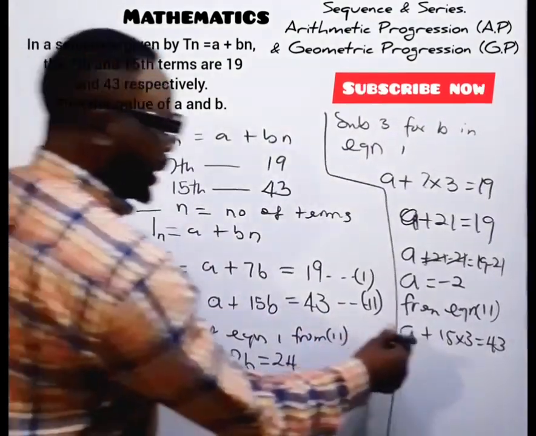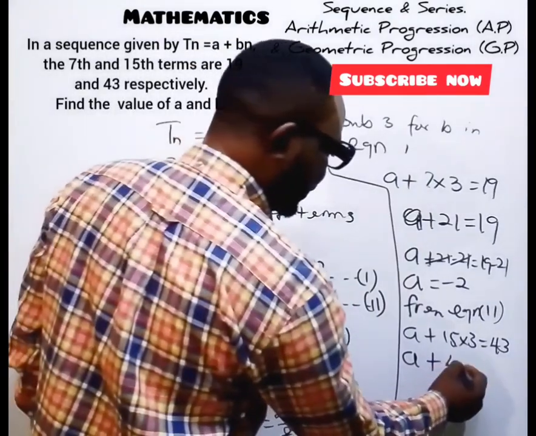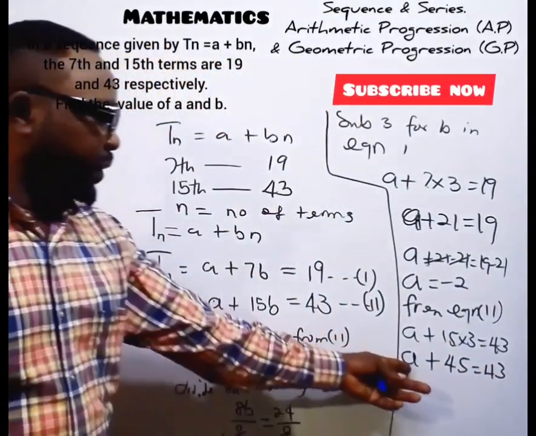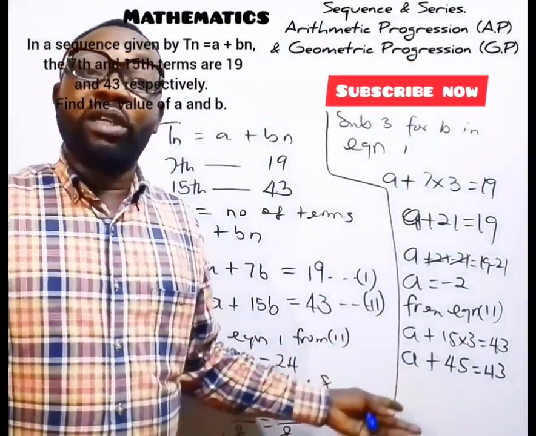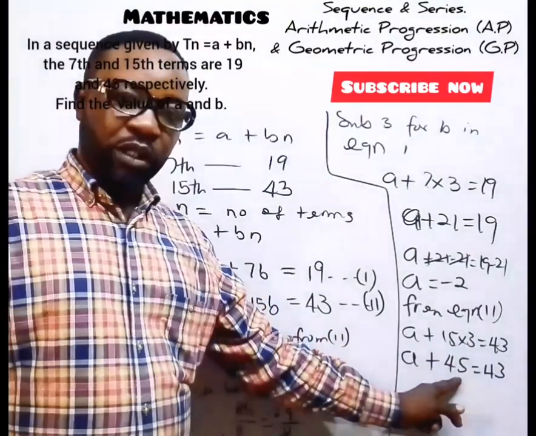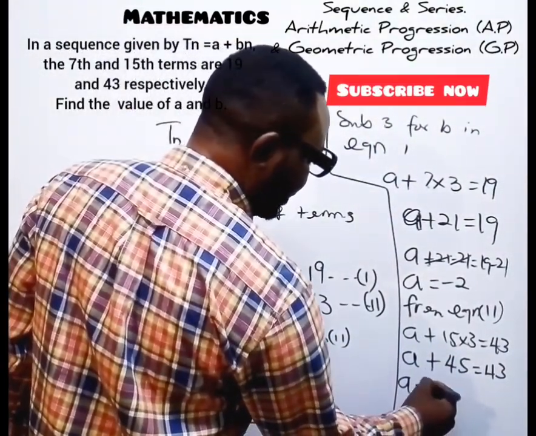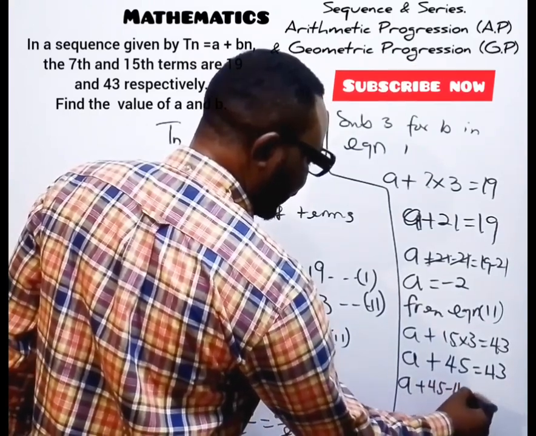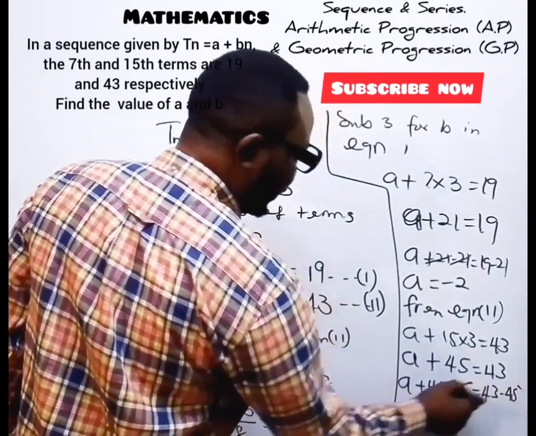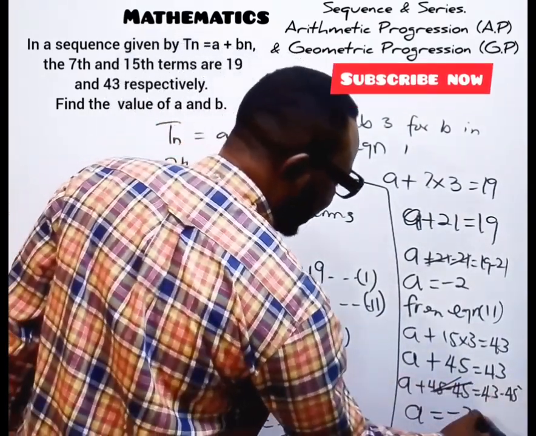Now, 15 times 3 will be equal to 45, so a plus 45 is equal to 43. When we want to find only the value of a, we know that we are going to subtract 45 from both sides. We have a plus 45 minus 45 is equal to 43 minus 45. 45 minus 45, they cancel each other out. So a is equal to 43 minus 45, which will be equal to minus 2.